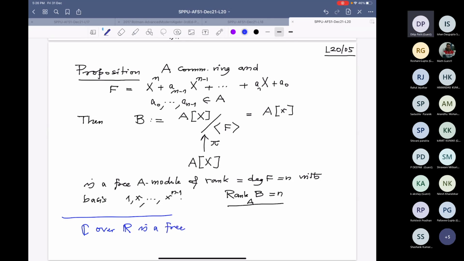C is a free algebra over R with basis 1, i, the imaginary i. Because think of C as R[x] modulo x square plus 1.